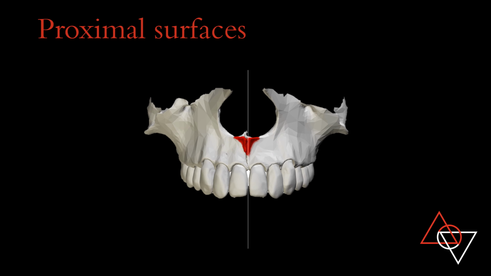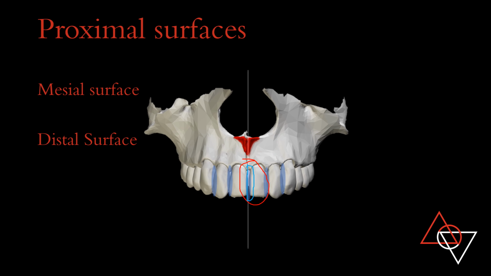Depending on whether the tooth surface is towards the midline, which is here in white, it can be either a mesial or distal surface. So when you see one of the teeth here, the side of the tooth which is closer to the midline is called the mesial surface.